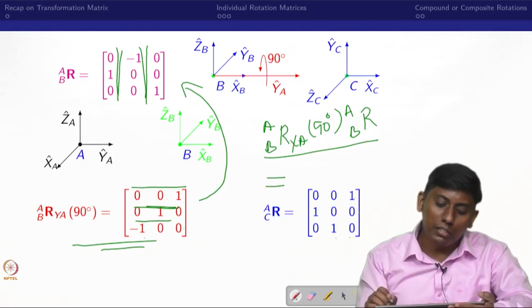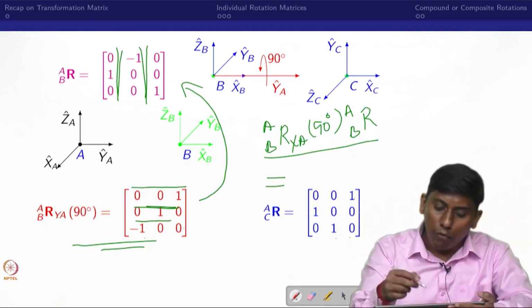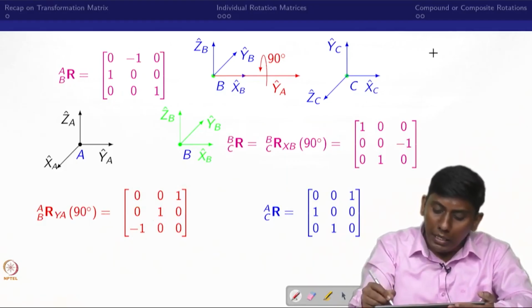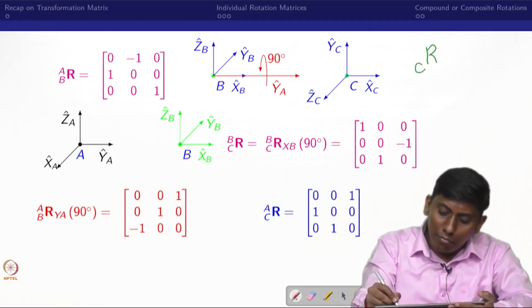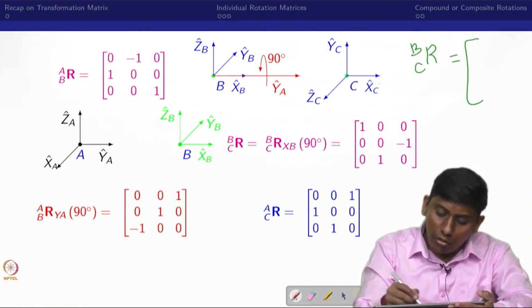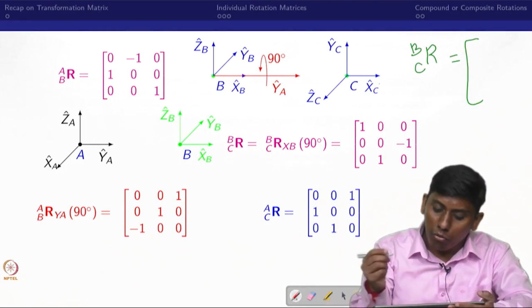However, can the post multiplication be done or not? For that, I am taking R_CB, so that I can see. X_C is projected on the B frame where it coincides with X_B, so 1 0 0.